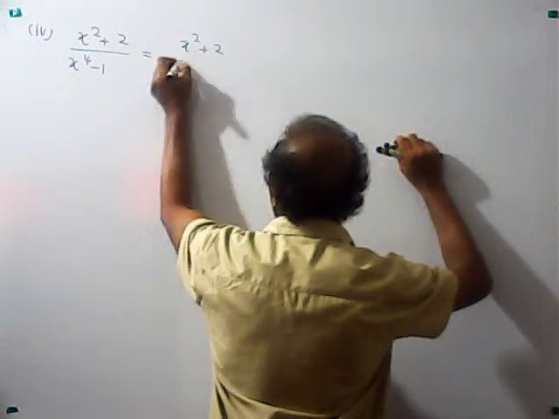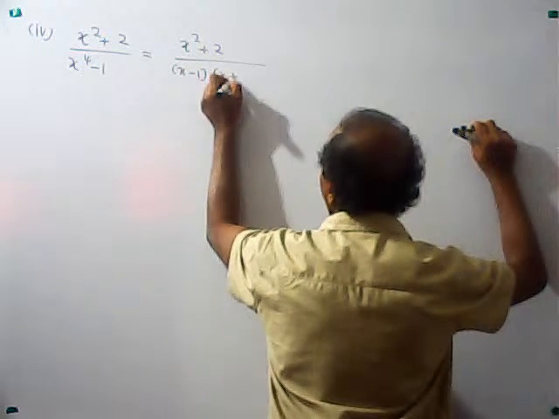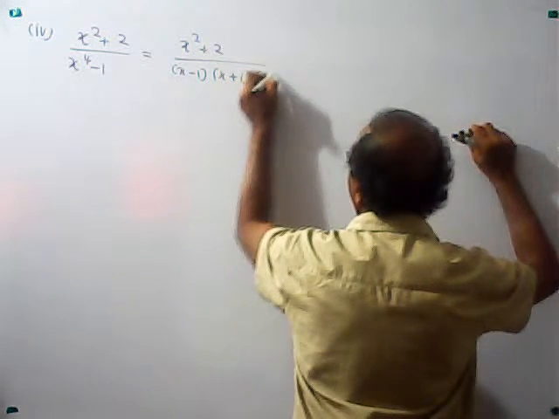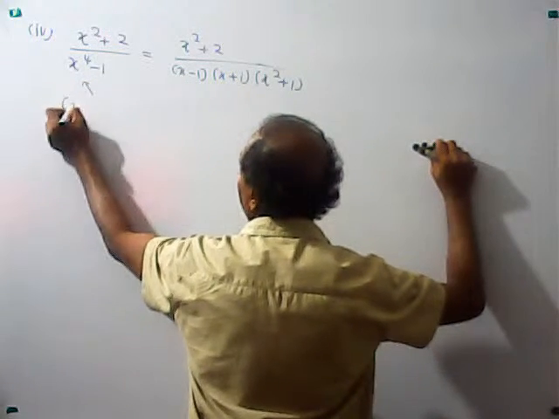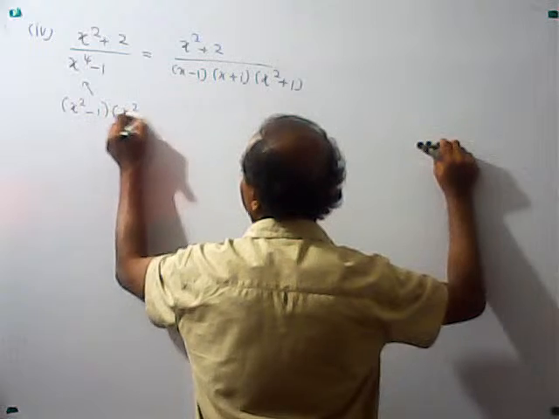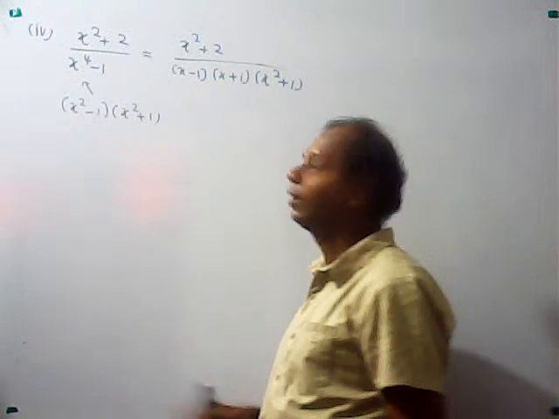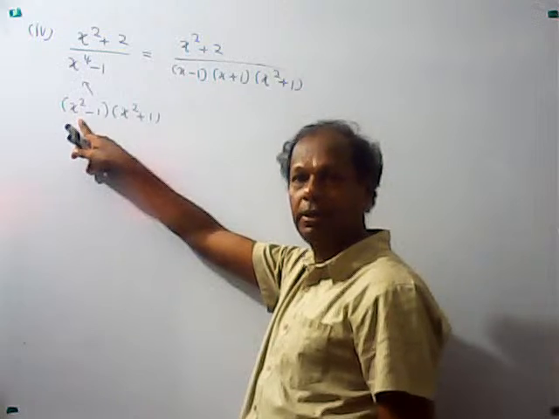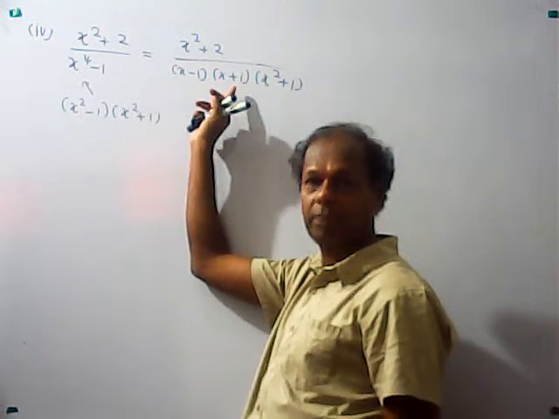Factors are x minus 1, x plus 1 and x square plus 1. You first write it as x square minus 1 into x square plus 1, difference of squares. Then this can further be broken, x minus 1 into x plus 1.